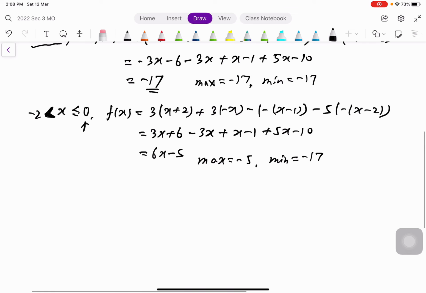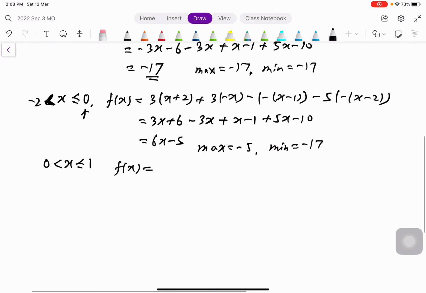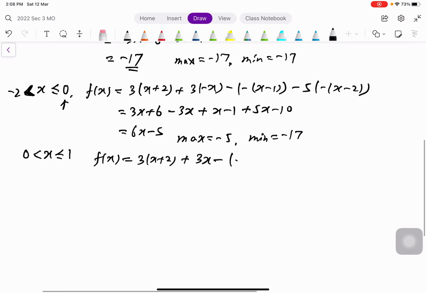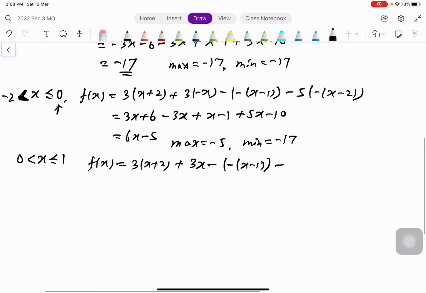Next we consider x greater than 0 and less than or equal to 1. Then for f(x), you will get 3 times x plus 2, and then plus 3x, and then minus negative x minus 1, and then minus 5 times negative x minus 2.